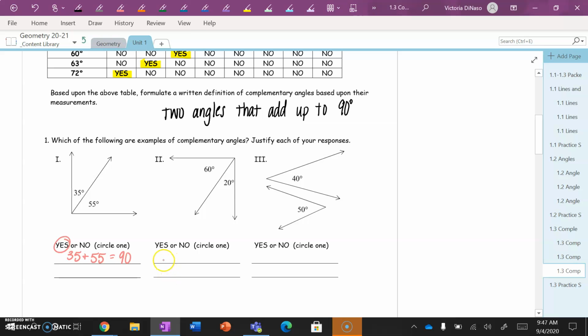On part 2, we have 60 plus 20, which equals 80. So no, it is not complementary. In this last one, we have 40 plus 50, and we get 90. So, yes, it is complementary.